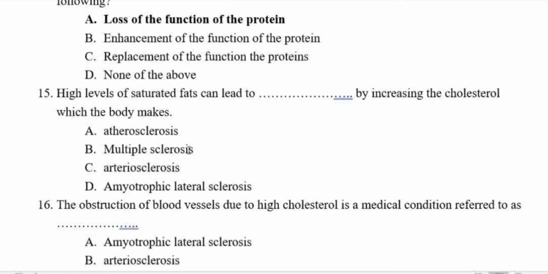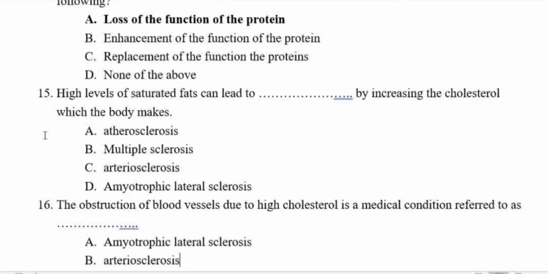The question is, what is the difference between multiple sclerosis and amyotrophic lateral sclerosis? Or what is sclerosis in the first place? I think that should be your assignment. Try and do some research to know.